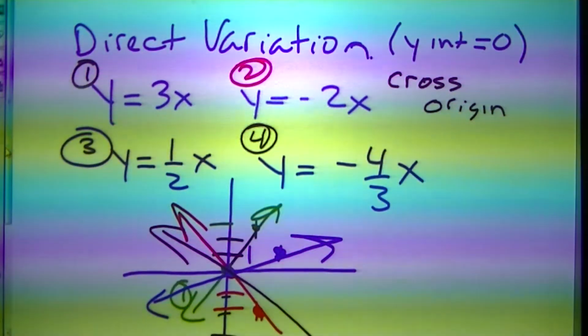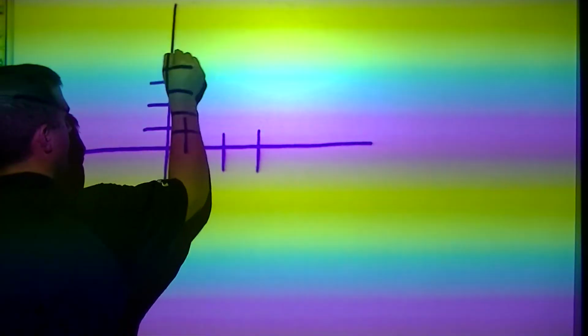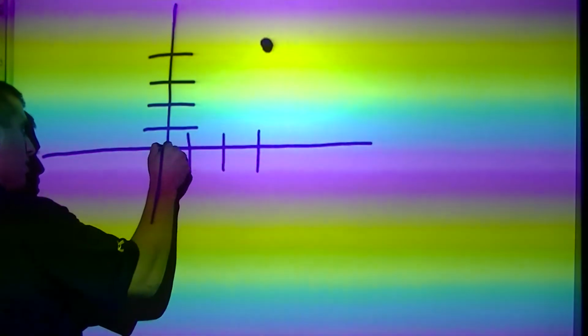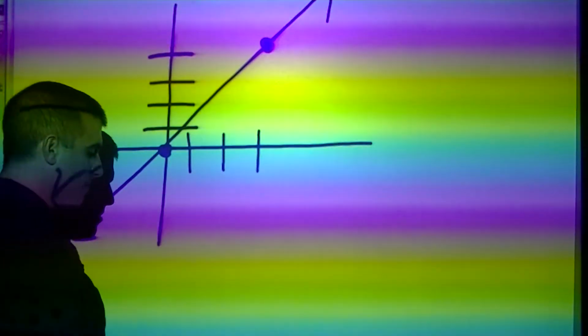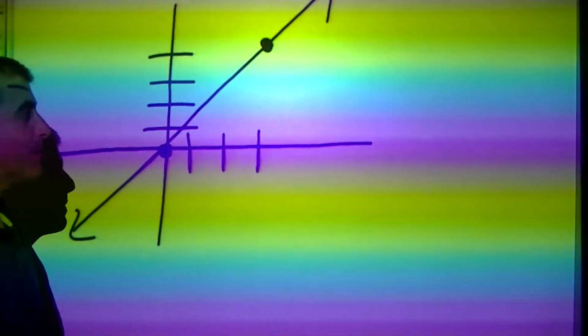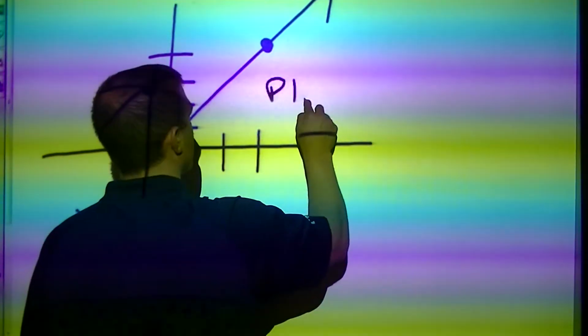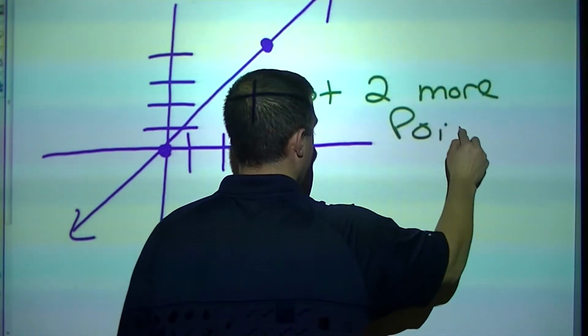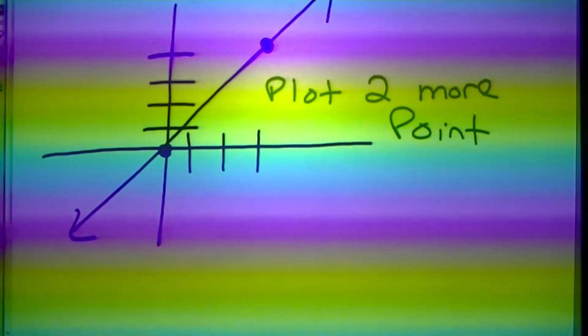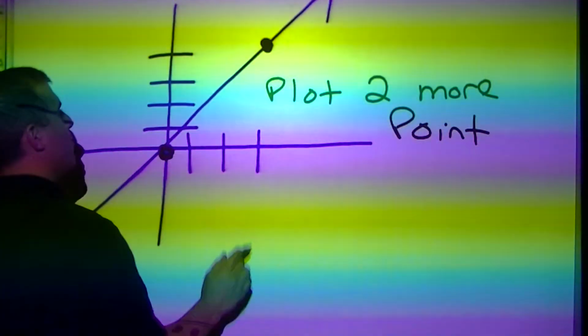The other thing I want to cover with direct variation is, let's say I had a graph that looked like this. Here would be the directions. It would say something like, plot 2 more points. Now, what you have to do is figure out, from the center, what did I do to get there?